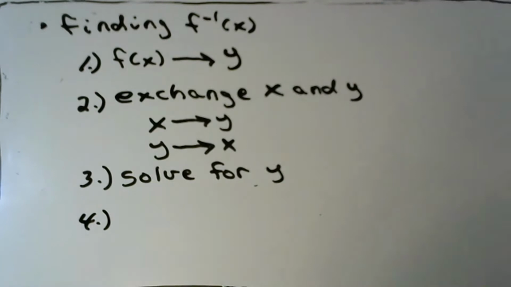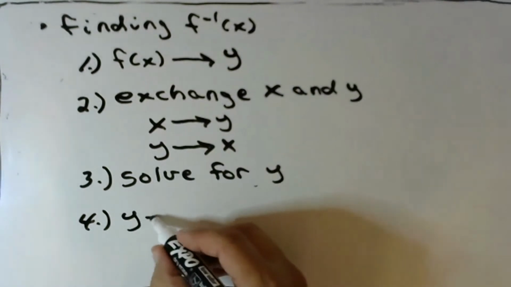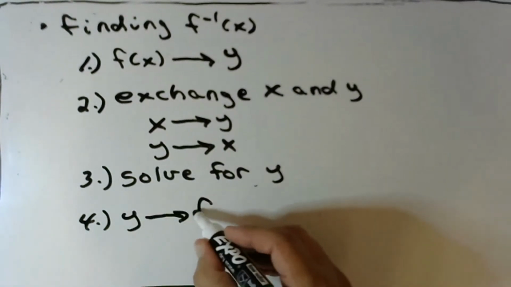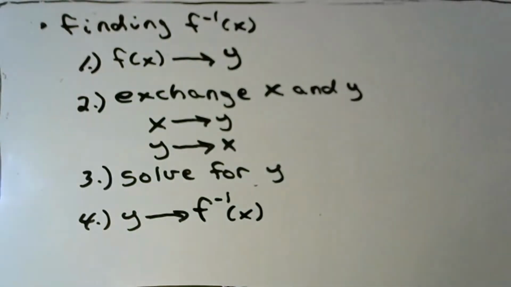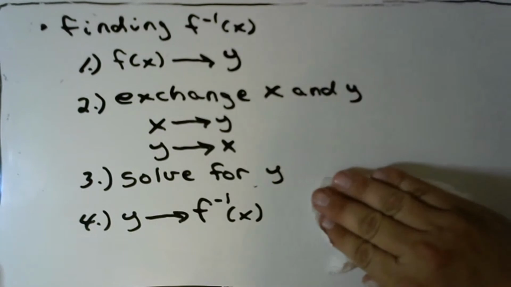And then once we solve for y, we relabel y. We now call it f inverse. So those are the steps we're going to take to find the inverse of a function. All right. So let's do an example.